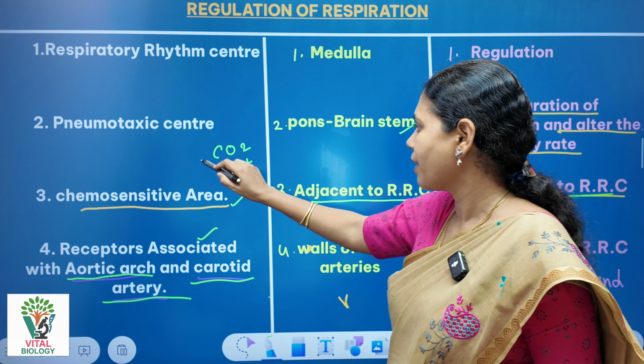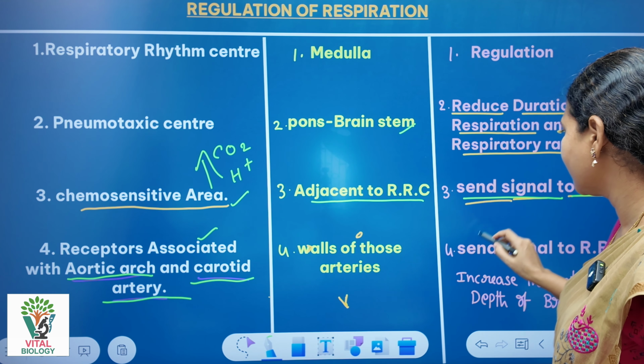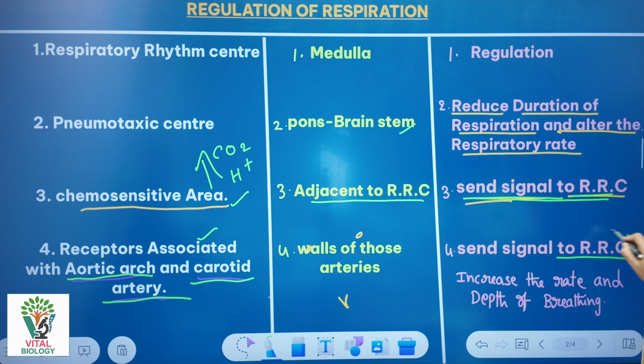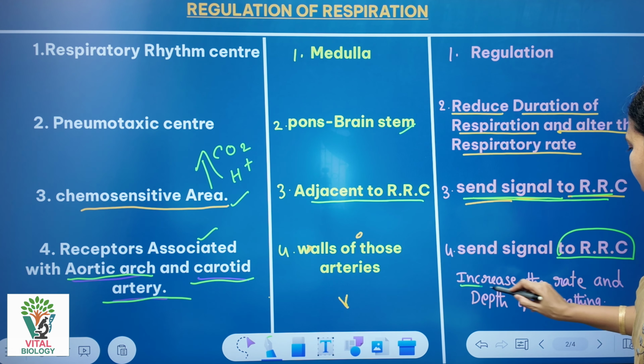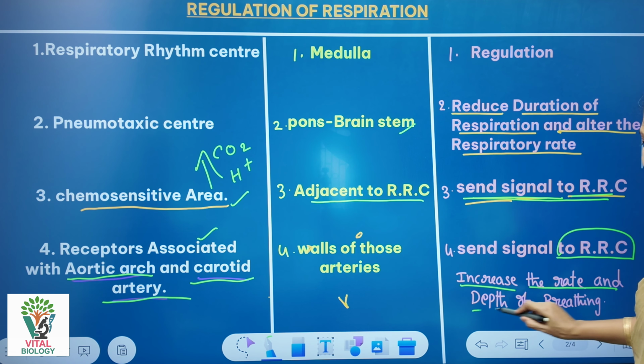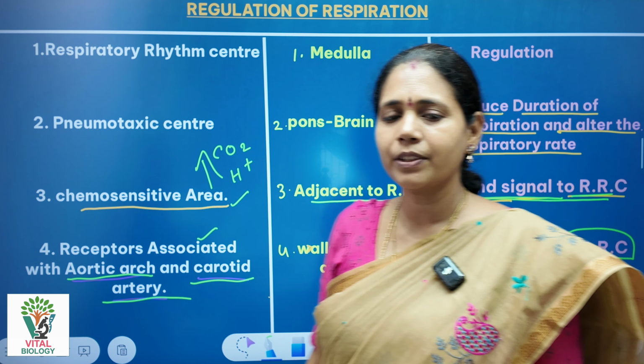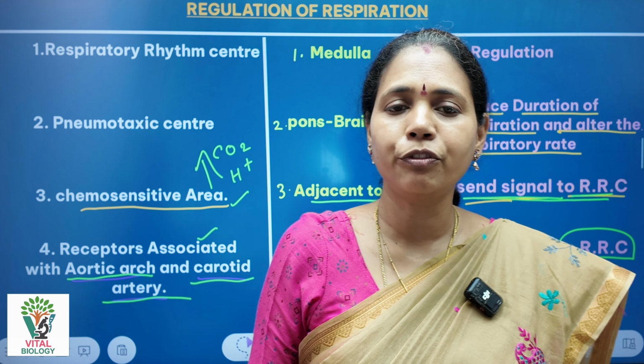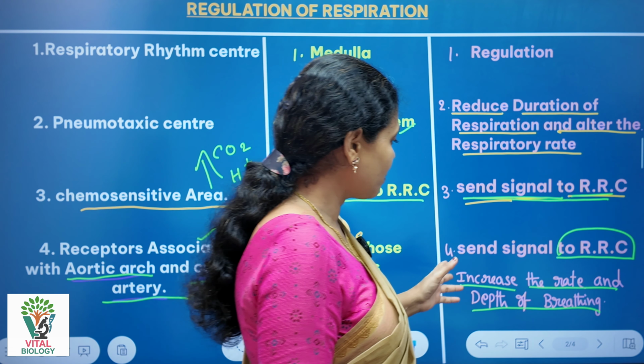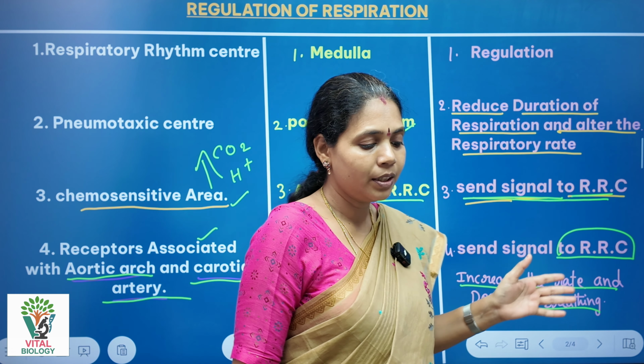Whenever these levels are very high, they immediately give signals to the respiratory rhythm center so that it increases the rate and depth of the breathing, so that whatever oxygen demand there is in our body can be fulfilled. So that is about the regulation of respiration.